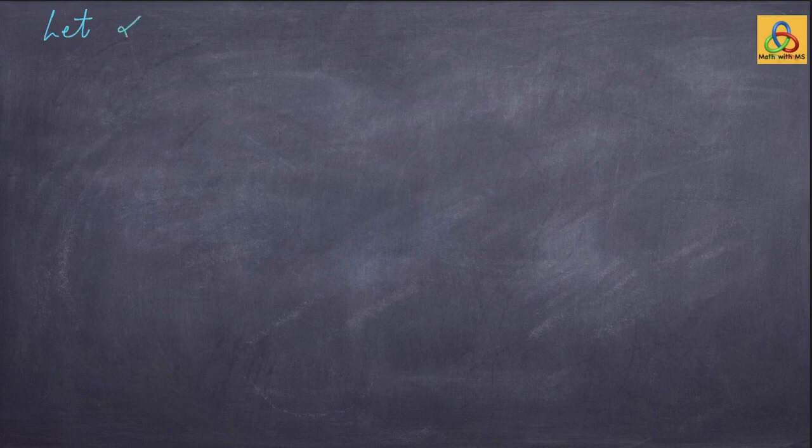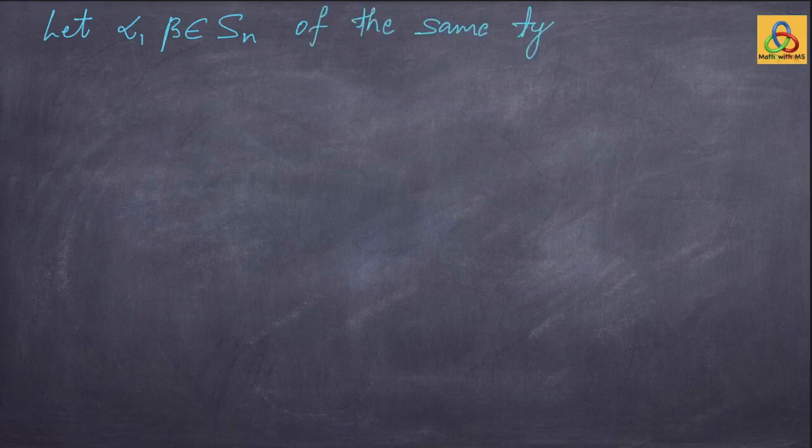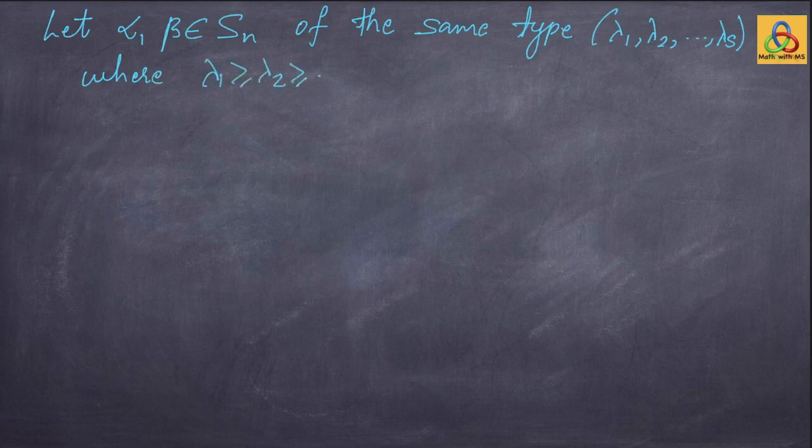Let alpha and beta belong to Sn be two permutations of the same type, and let us write the type as lambda 1, lambda 2, and so on, lambda s, where we can of course assume that lambda 1 is bigger than or equal to lambda 2 and so on bigger than or equal to lambda s, and each is of course bigger than or equal to 2 because we don't write one cycles. We claim that alpha and beta are then conjugate to each other.